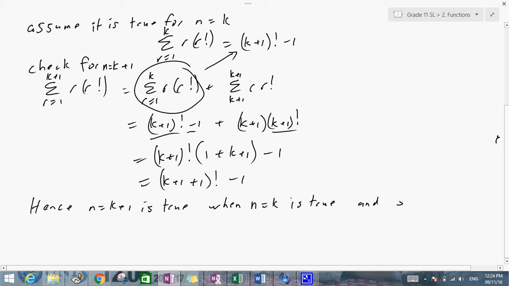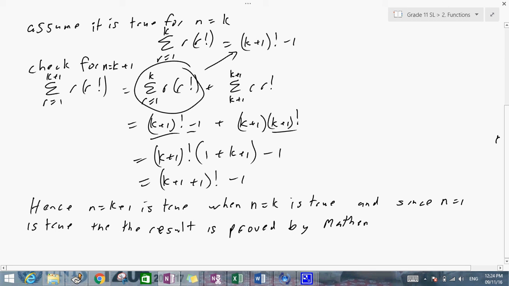And since n equals 1 is true, which we proved at the beginning, then the result is proved by mathematical induction for all n belonging to the positive integers from 1 to infinity.